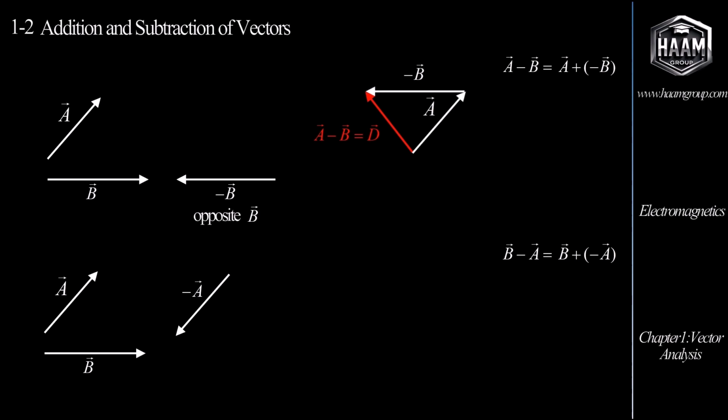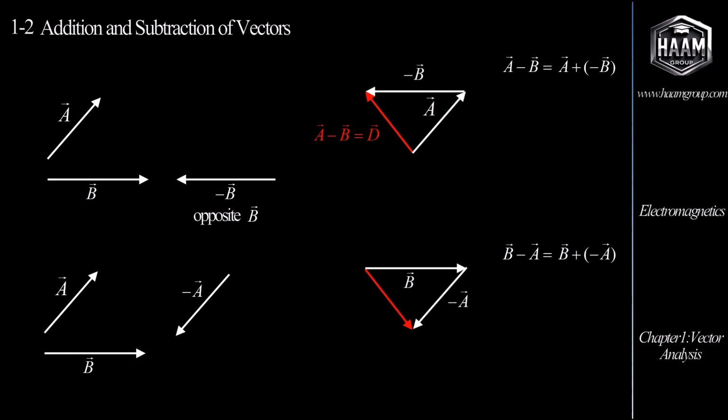Since B is the first vector in this expression, begin by drawing B. Next, from the head of B, draw the opposite of A. Finally, connect the tail of B to the head of the opposite of A.